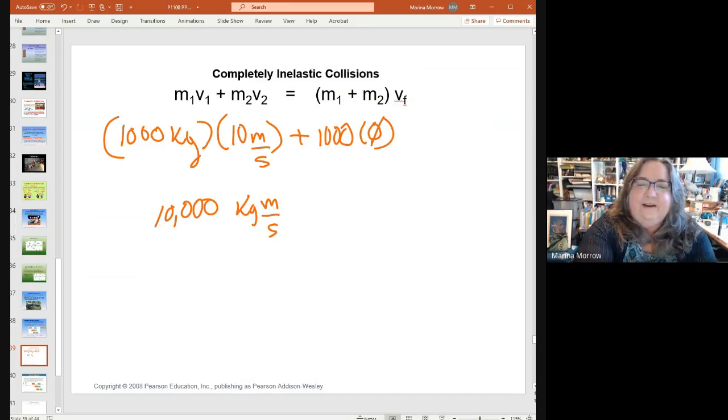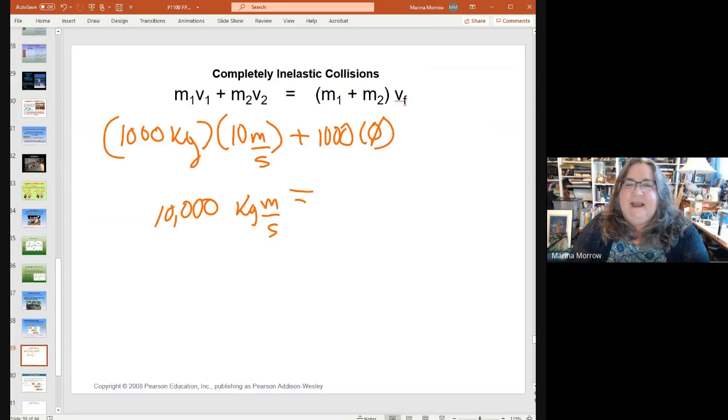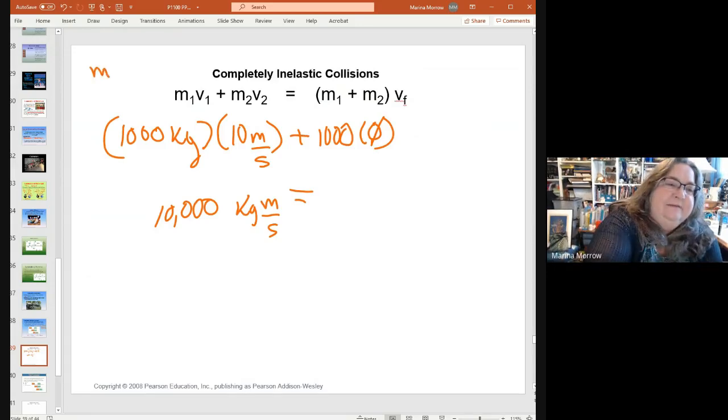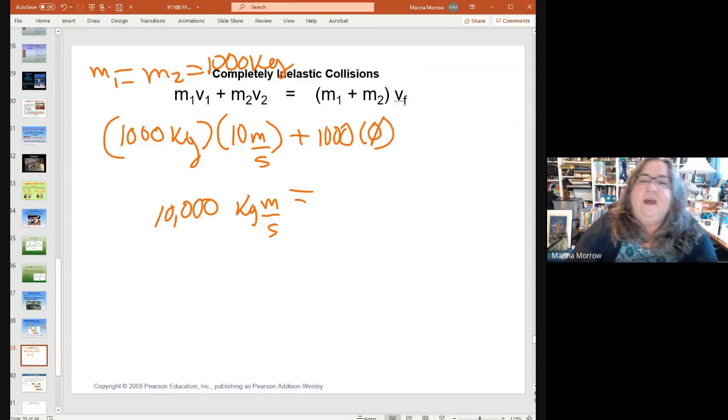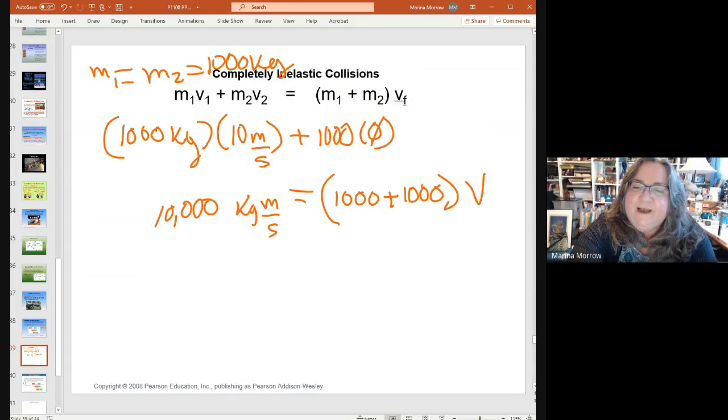Now, for the final, on the other side, we have to add the masses together. They had the same mass, mass 1 equals mass 2, which is 1,000 kilograms. So I can just use the formula. The other side is 1,000 plus 1,000 times some final velocity.